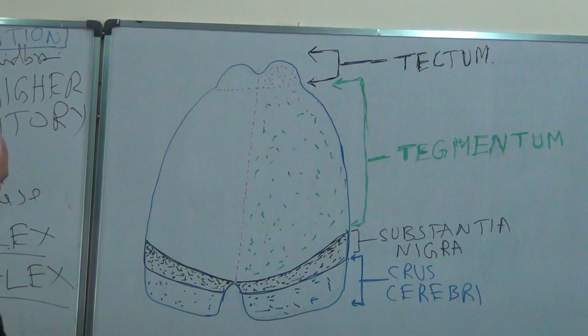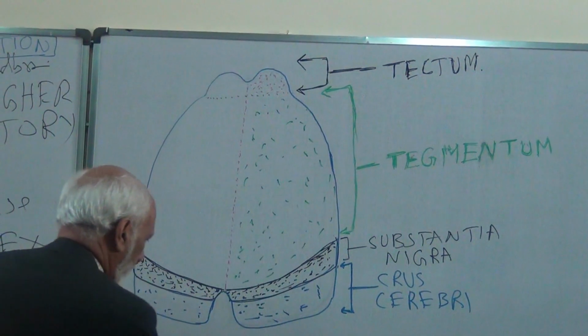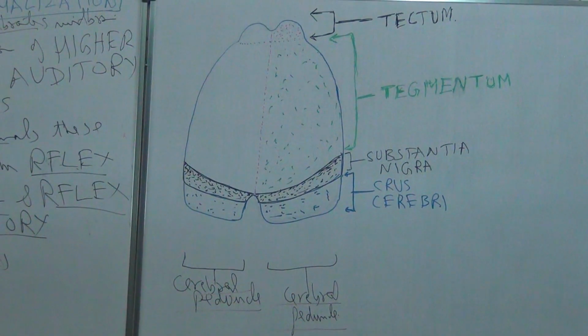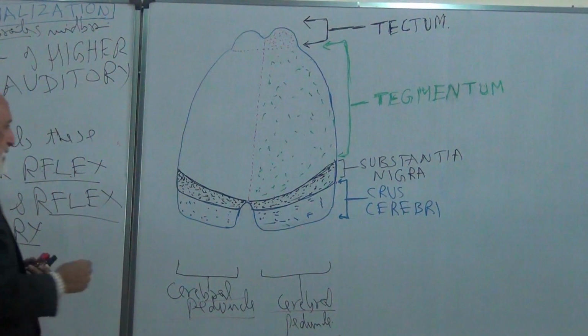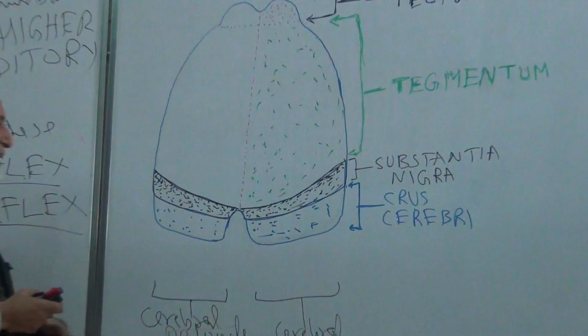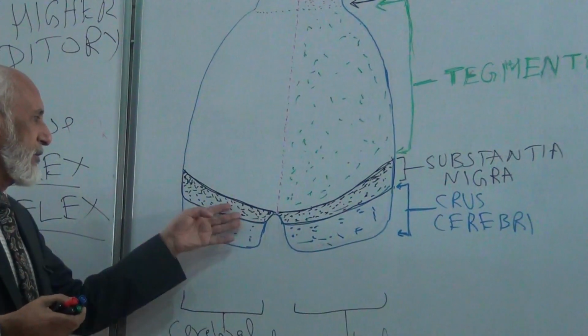Now this was about the cerebral peduncle, right and left. But you can see the two crura and the substantia nigra are bilaterally located.